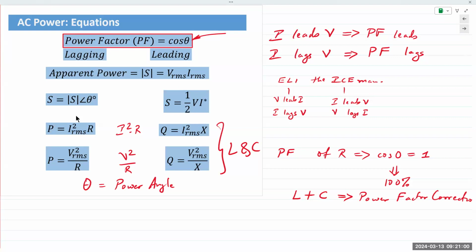All right, let's take a 10-second pause. Any questions? The asterisk denotes that it's the complex conjugate of the quantity.